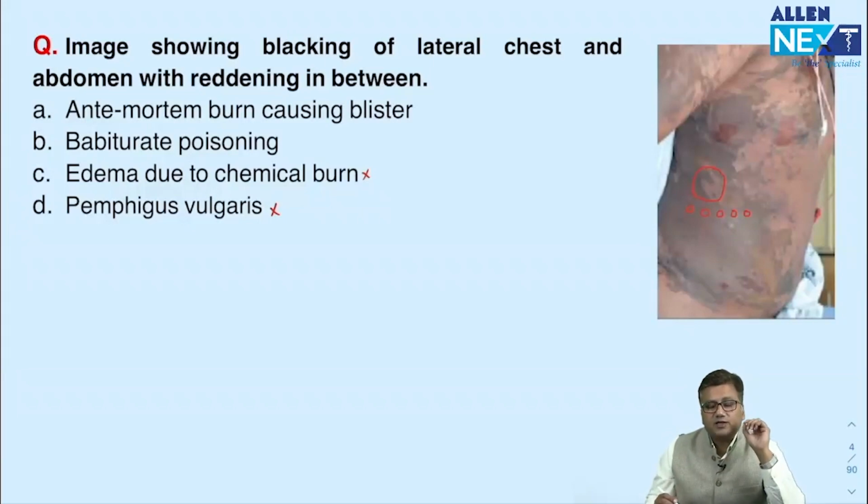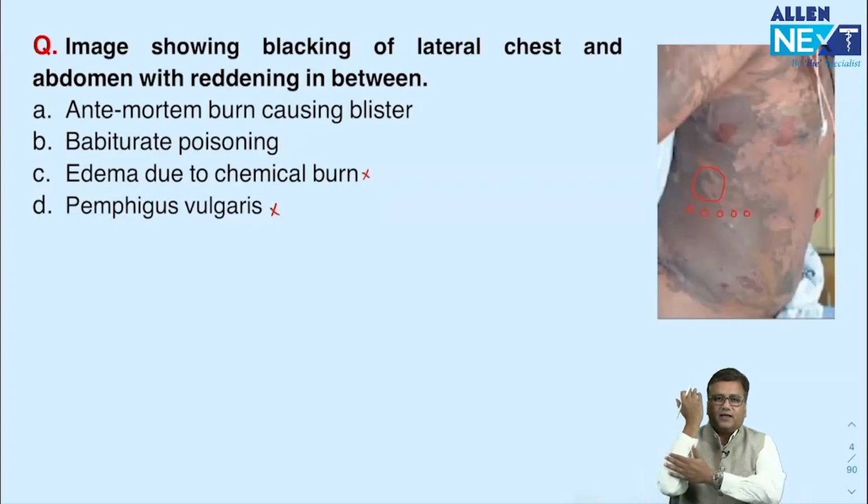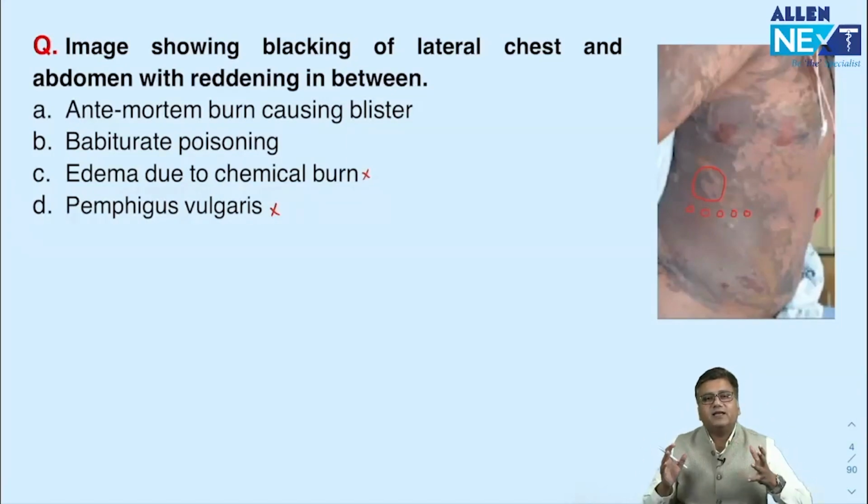Third is barbiturate poisoning. Now, barbiturate poisonings can lead to generation of blisters, very commonly called barbiturate blisters. But the finding of those blisters is very pathognomonic. Those blisters are generally generated in areas where the skin is under pressure, like interdigital cleft areas where the skin is in constant friction, like forearms when you keep forearms on a desk, like the inner aspect of thighs, or when we sit on a chair, the gluteal aspect.